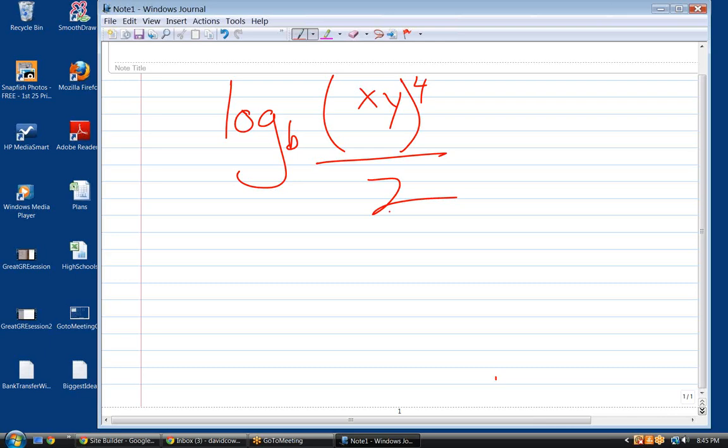And the 4 does not act on the 2, correct? In other words, it wouldn't unless the 2 is in the parentheses. You said it wasn't.